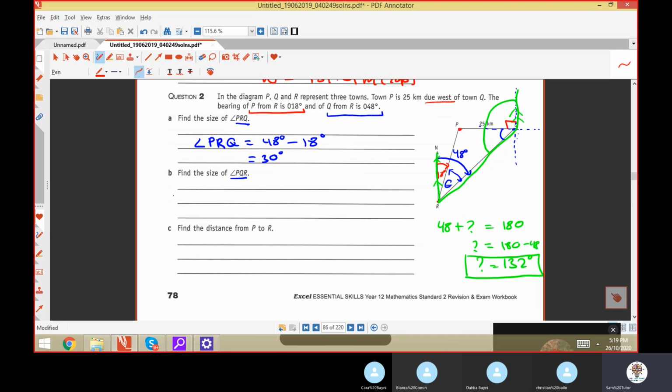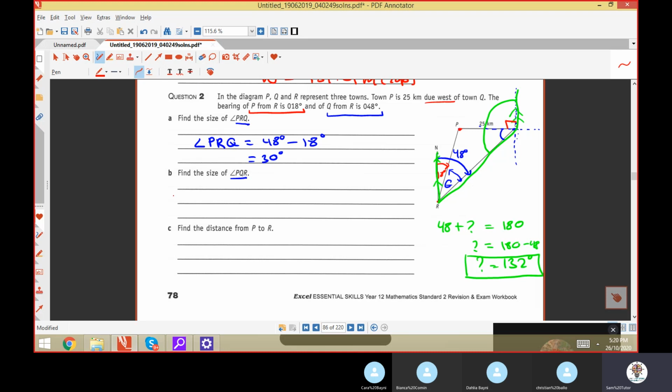Okay. There's two types of parallel line concepts you have to remember with these type of questions. It's co-interior angles, that's the first one. And the other one is alternate angles. So that's the first part of the question. So how do we know the angle?